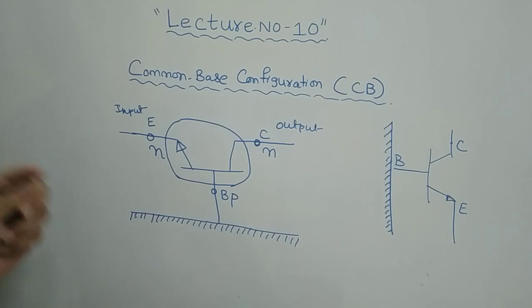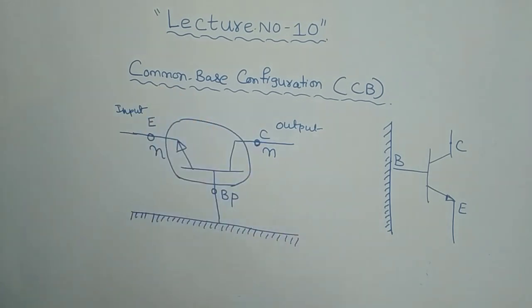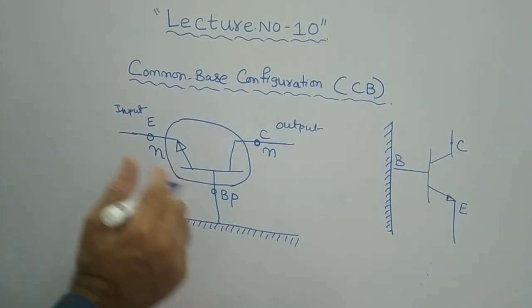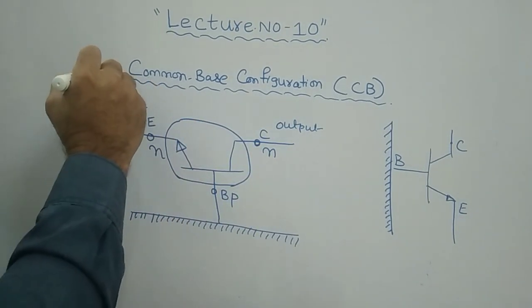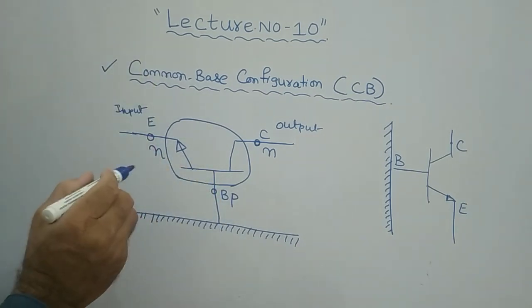Because the main purpose is that the transistor should act as an amplifier. That is why we can connect the transistor in three configurations.